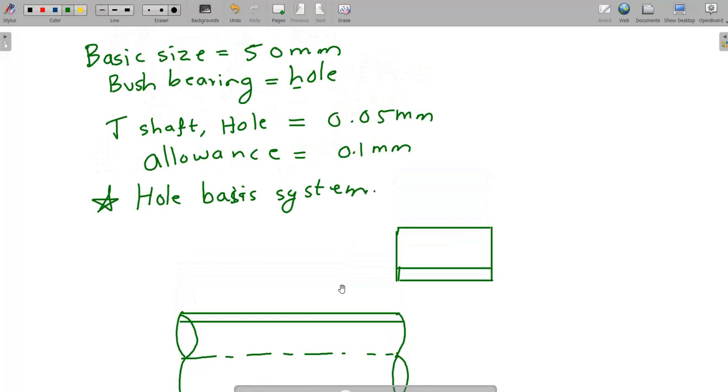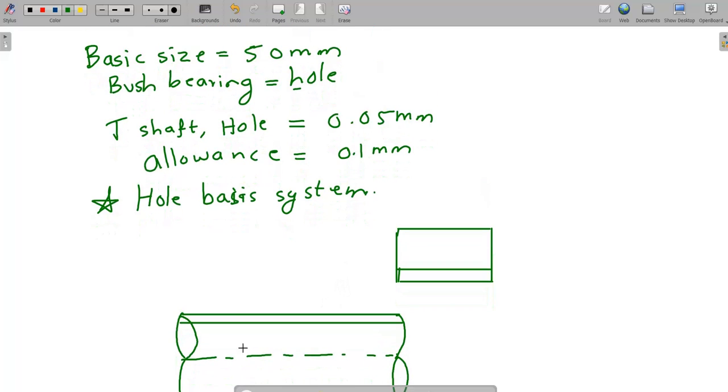Draw this first. Now they already told you that basic size is 50 mm and hole basis system. That means whenever hole basis system is there, what did I tell you? Sir, lower limit. Correct, exactly correct.